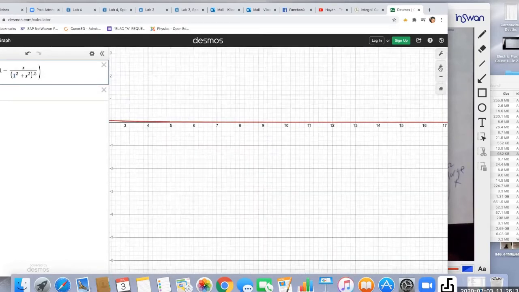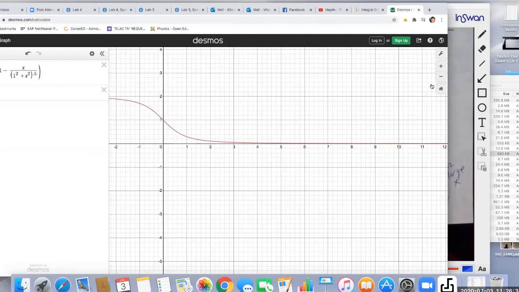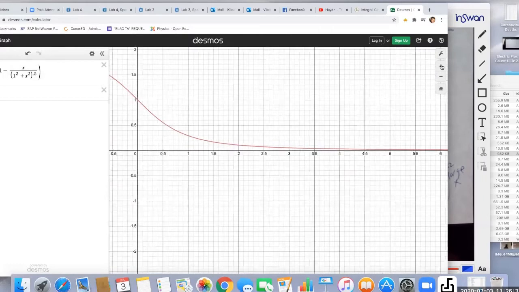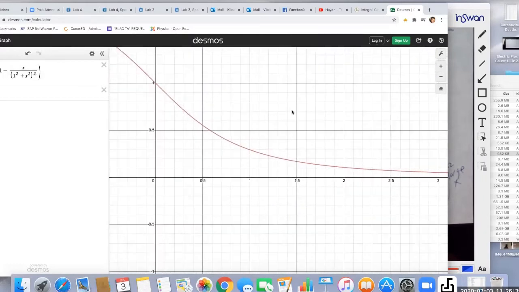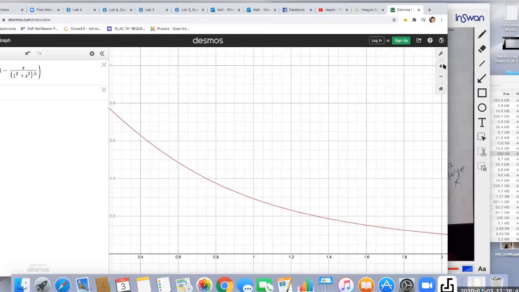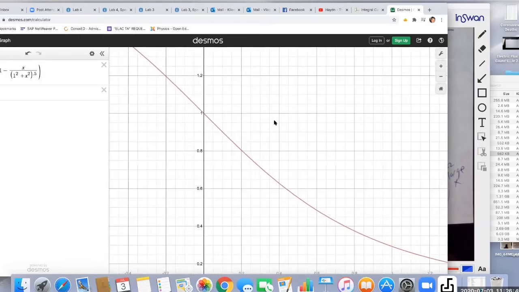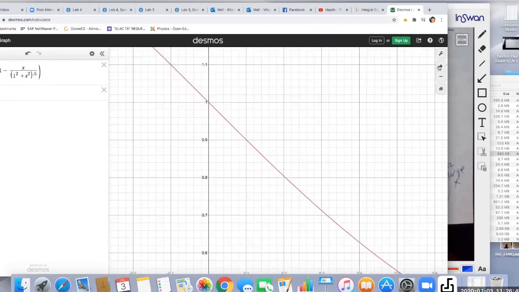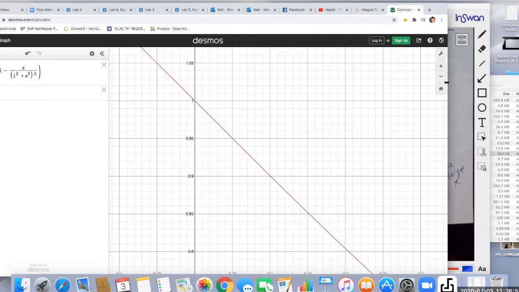Zoom in, zoom in, zoom in. You got to really zoom in to be close. Very, very close, zoom in.